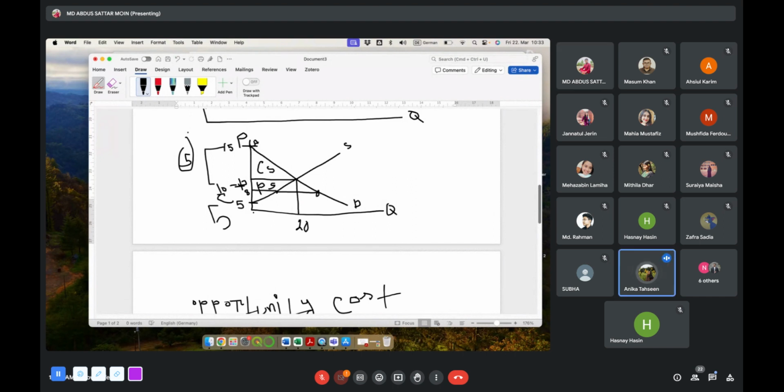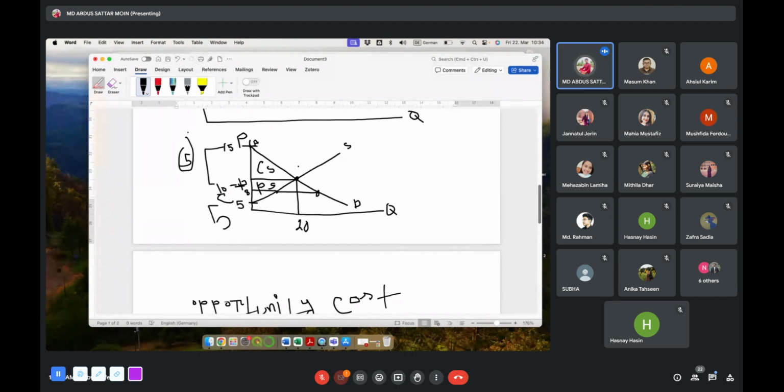Sir, I did not understand when the shortage will happen. A shortage will happen only when market demand is higher than market supply. The main thing is whenever in the market you are not at the equilibrium point, equilibrium means this point, any point above the equilibrium point will create a surplus.